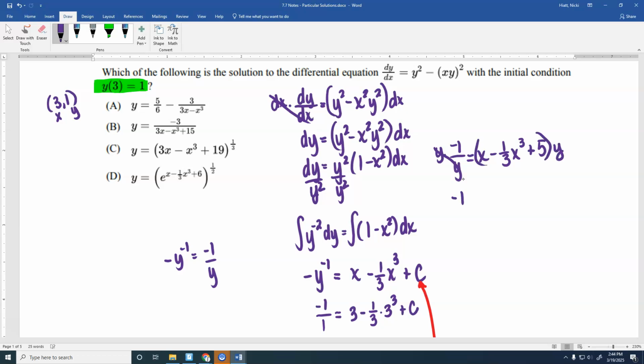So we got negative 1 equals x minus 1/3 x to the third plus 5 times y. All right, what do we need to do now? Divide this, x minus 1/3 x to the third plus 5.